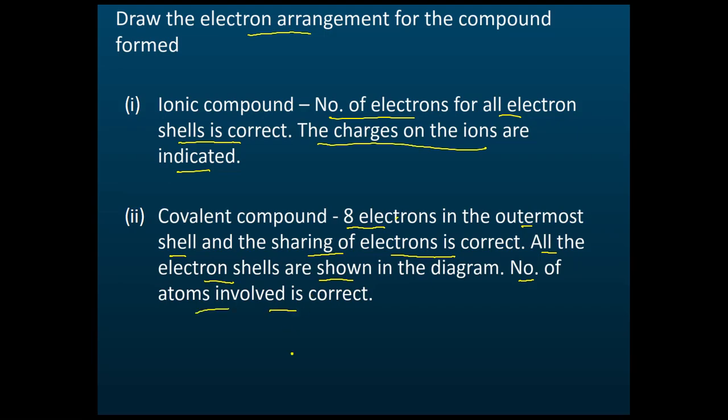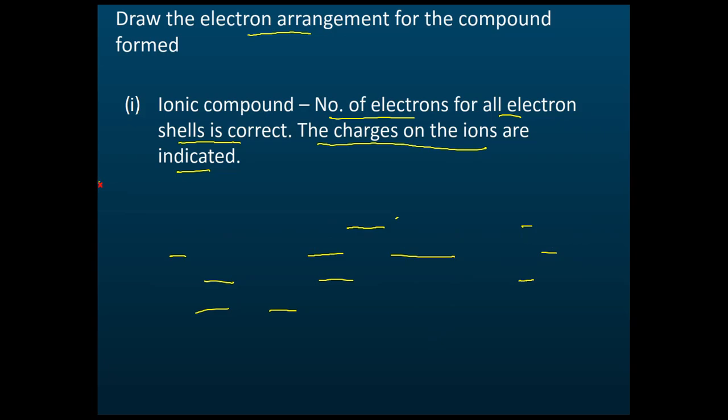Now, let's say you want to draw the ions. Let's go back to this one. Let's say you want to draw the electron arrangement of the sodium ion. Sodium ion. So the electron arrangement is 2, 8.